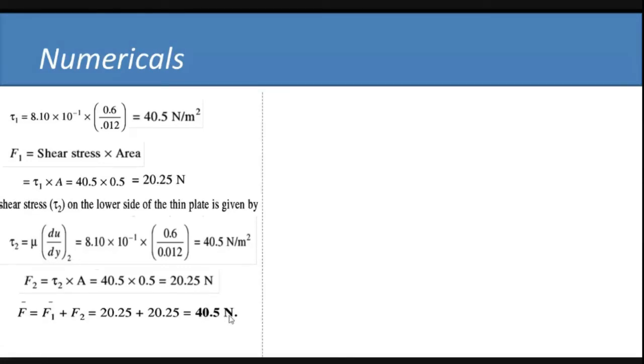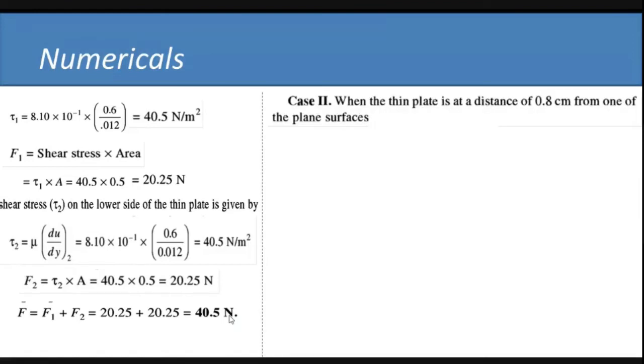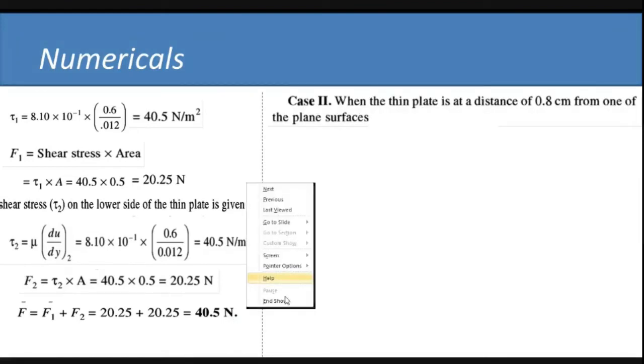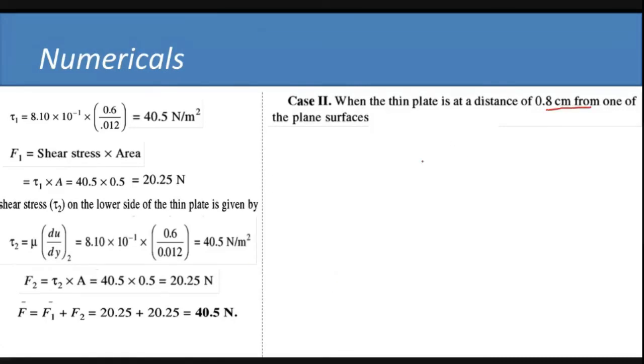After that, case 2. Now in case 2, one of the thin plates is at a distance of 0.8 centimeter. That means in this case, this is our top fixed plate, this is our bottom fixed plate, and this is our moving plate. So its distance from one of the plates, suppose the lower plate, is y1.